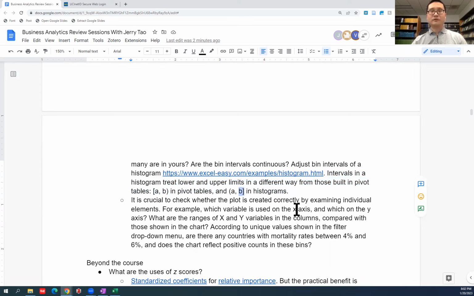That's why an individual observation may be included in, for example, the first bin in the pivot table, but in the automatic histogram function, it'll be in the second bin. They look similar, but the counts would be slightly different. Did any of you use different functions for building a histogram?